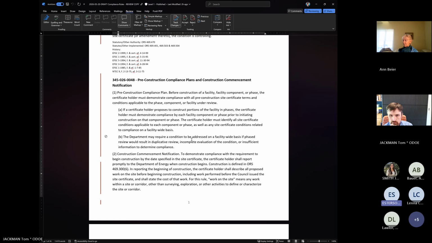This question is kind of different: should an overall mitigation obligation be required to be satisfied for the whole, even if it's phased? So they're two different things. Yeah, I see what you're saying. It's a subtle distinction, but in practice it could be very significant.